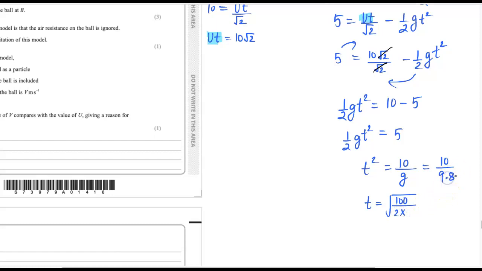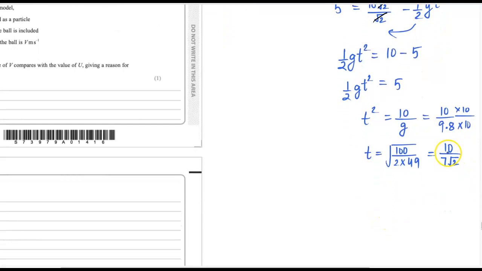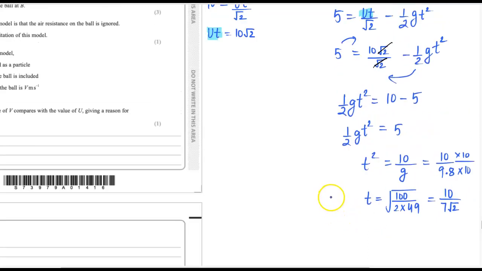I just multiplied by 10 to remove the decimal, so 100 over 49 times 2. Hope that makes sense. So it would be giving us 10 over 7 root 2. What I did over here, just to remove the decimal, was multiply and divide by 10. Then 10 times 10 is 100 and 98 is 49 times 2. T squared was that, so t is the square root of the same thing, 10 over 7 root 2. This is what we've got.